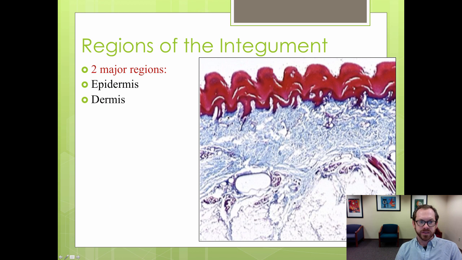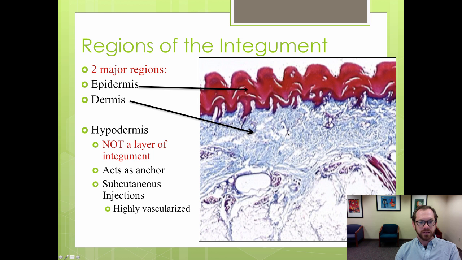Your integumentary system is made up of two regions. First is the epidermis, that's shown in red, and the dermis, which is just deep to the epidermis. The hypodermis, which is deep to the dermis and indicated here, is not a layer of the integument or the integumentary system.